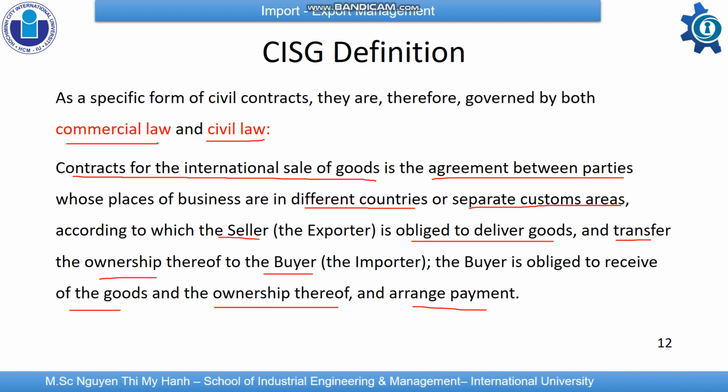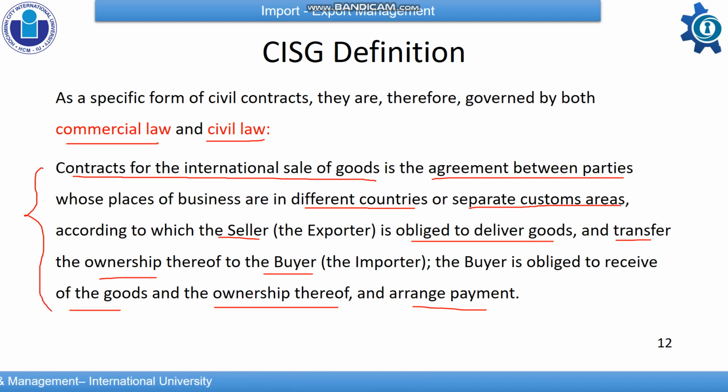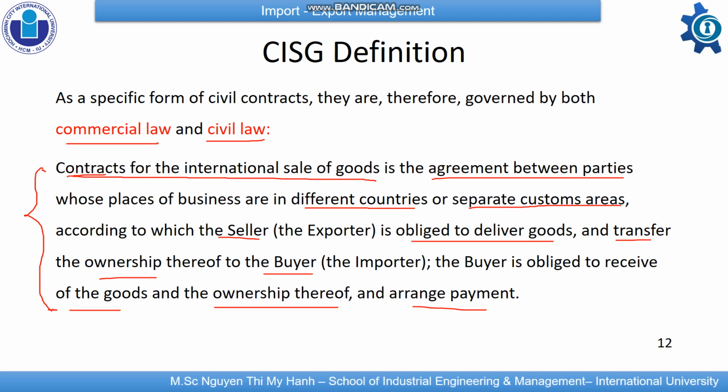And the seller receives the payment. So with the combination of the commercial law and civil law, we have the application for the CISG like this, and this one so far is the most adequate definition for CISG. So please remember this one for me.